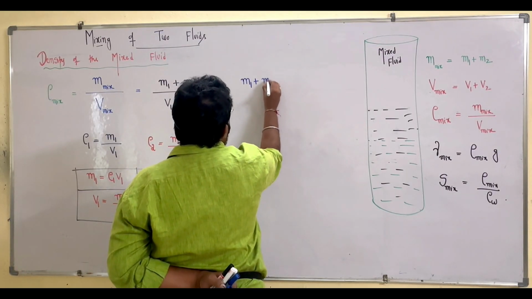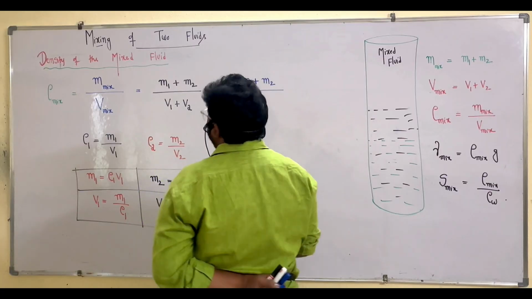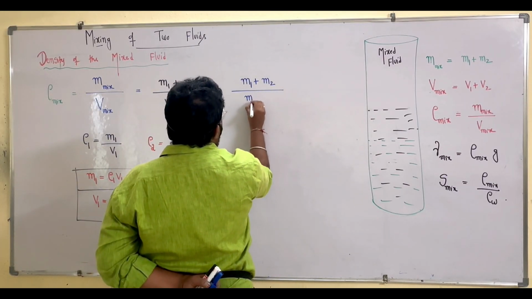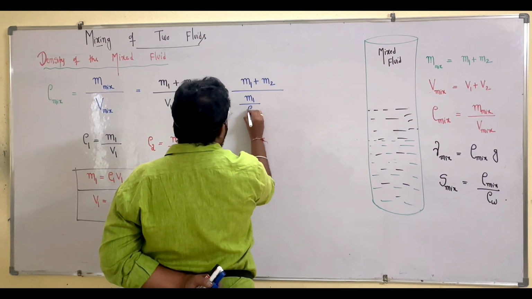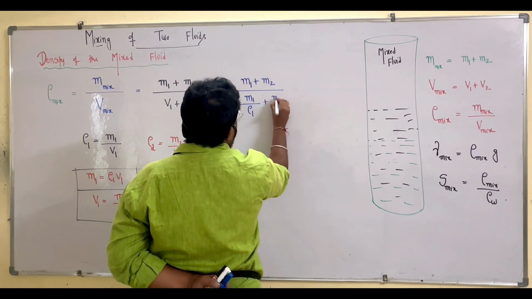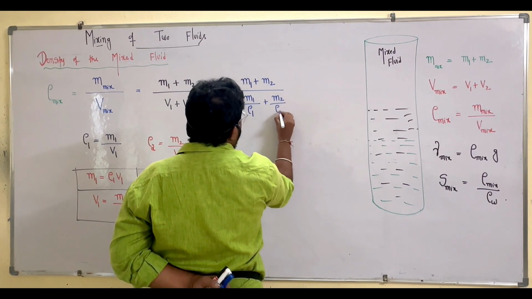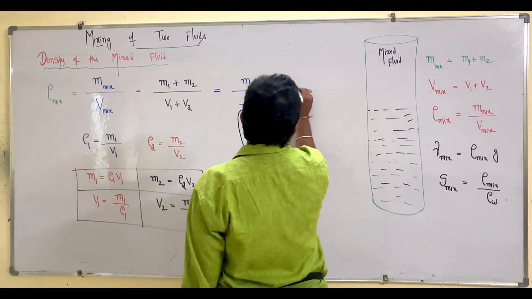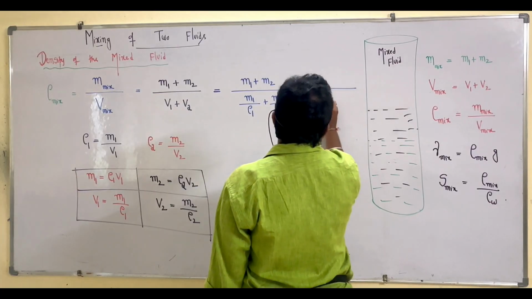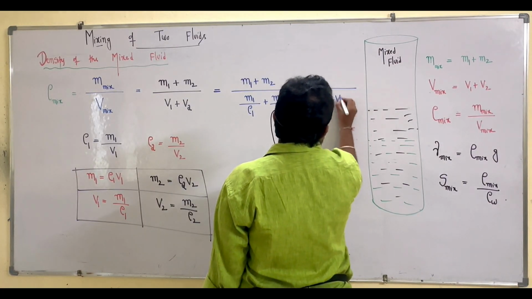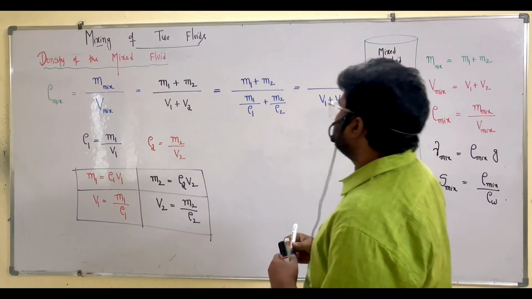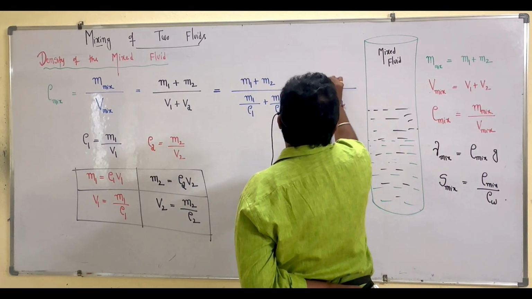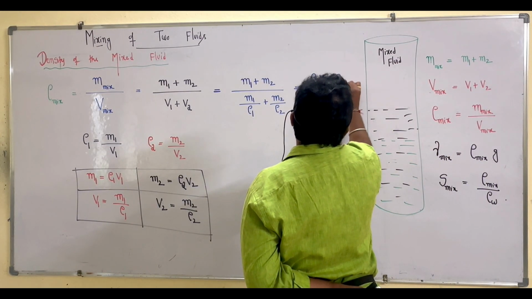M1 plus M2 by, we can write V1 as M1 by rho 1 plus M2 by rho 2. So how else can we write this? If we write V1 and V2 here, the numerator in terms of volume can be written as rho 1 V1 plus rho 2 V2.